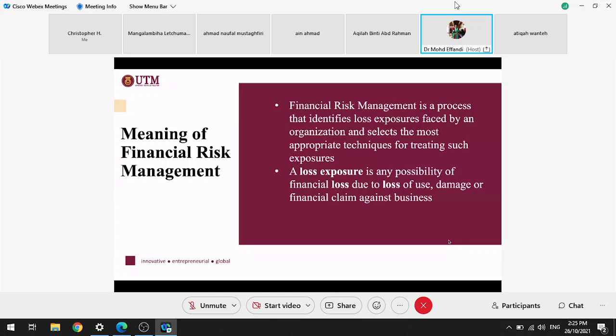especially in finance, our money doesn't have any guarantee, we don't have any warranty, we don't have any experience for that matter. Okay, so financial risk management is actually a process that identifies loss exposure possibly faced by the company or organization. So we have to select the most appropriate techniques.